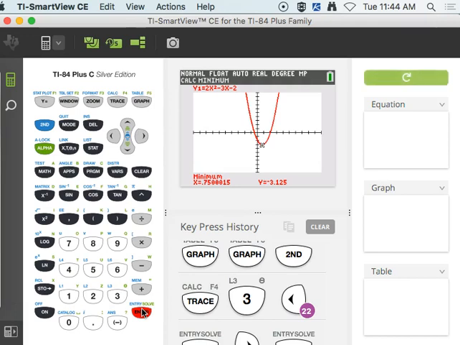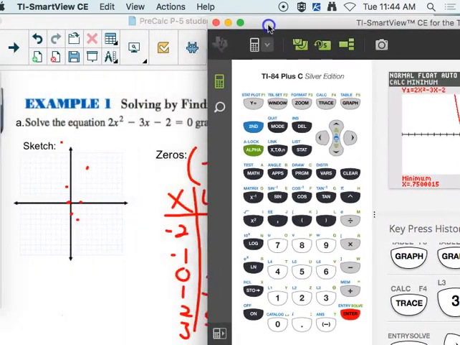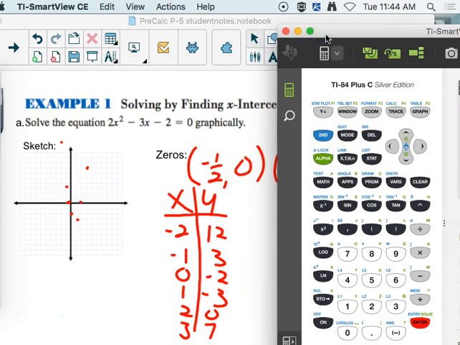So we didn't have the lowest point on the graph before. So (0.750, -3.125).